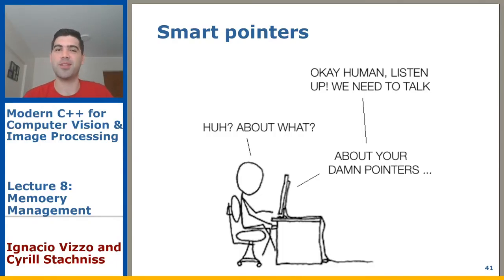So I think the name is not the best one. Instead of smart pointer, I would put managed pointer or something like this, because it's not really smart, right? It's the same as a vector. A vector underneath, if you open the std::vector implementation, is an array, but with some other functionality. And we didn't call it a smart vector or smart array.